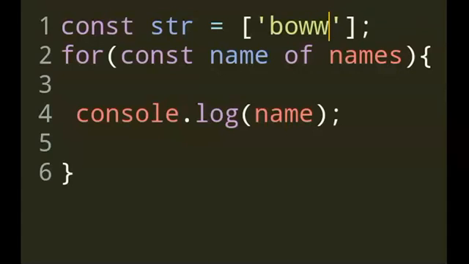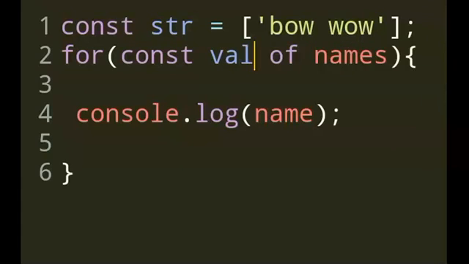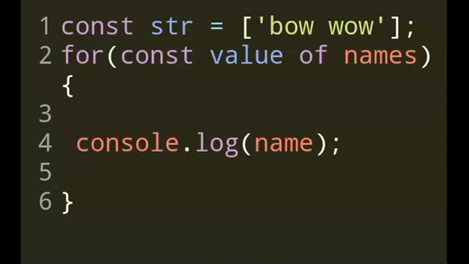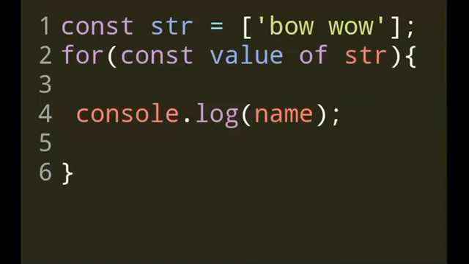I'm just using it as a string, so it could be bowl, bowler, whatever, or like bow, dog barking. For const, what do I want to get in this case? The value of the string: const value of string, console log value. So I loop through the values of the string. What do I get?